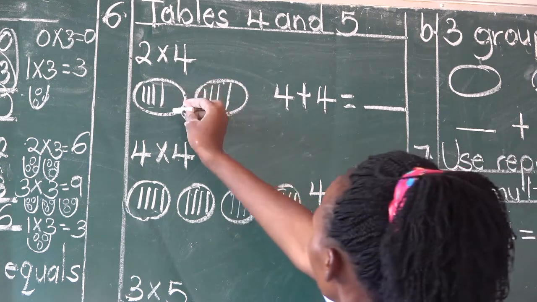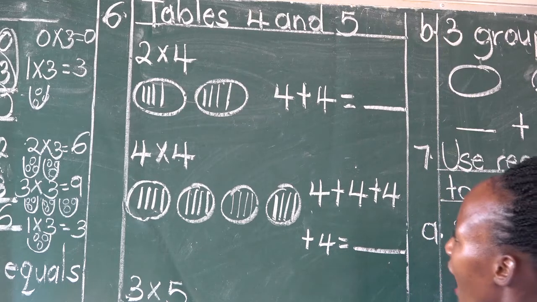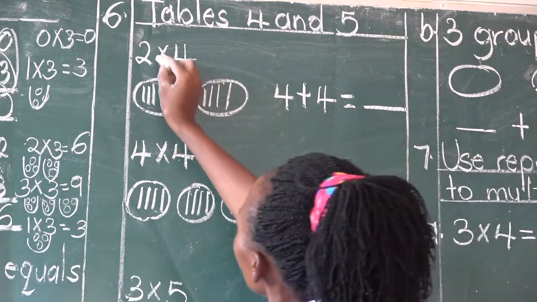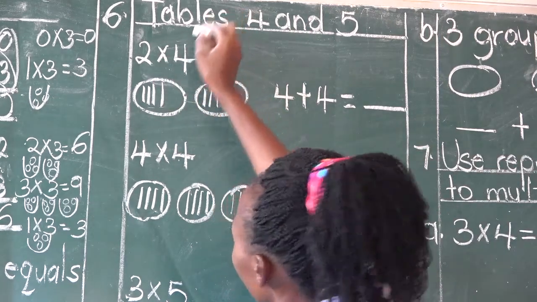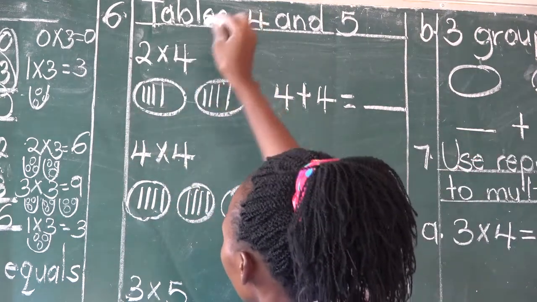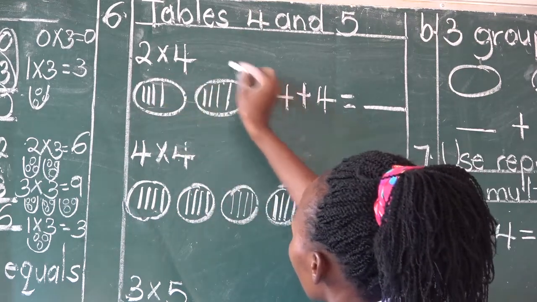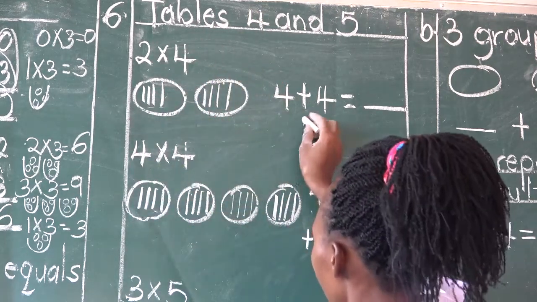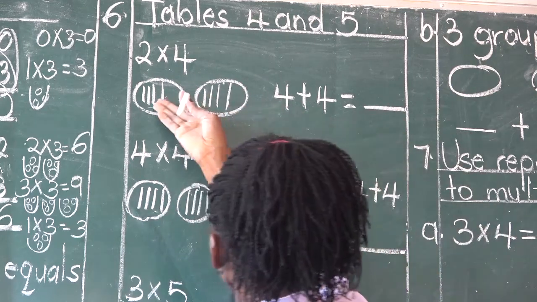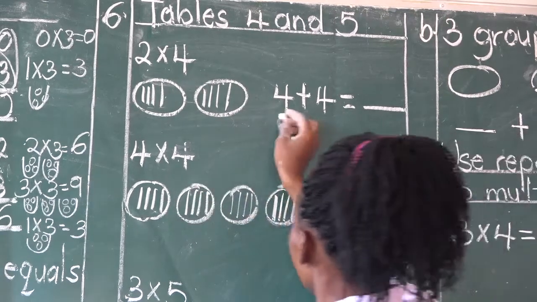Here we come, we have this 2 times 4. 2 times 4 is the same as 2 groups of 4. Now let's add this and see. If you say 2 times 4 or 2 groups of 4, what will you get?